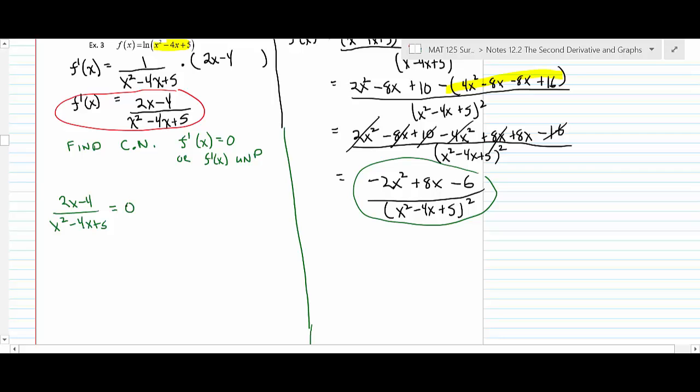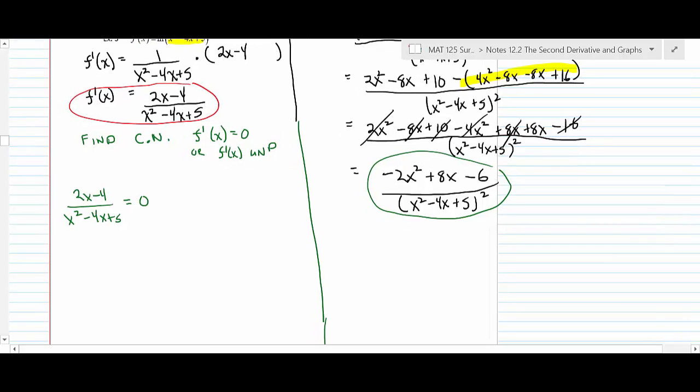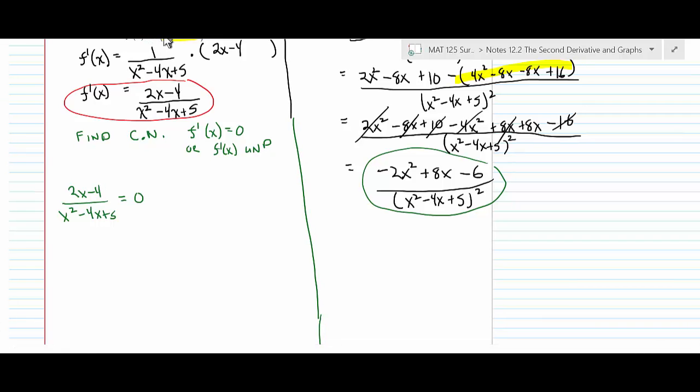You can do that in your head too. I mean, you can learn to do that in your head. Really what you're doing is you have an equation with a fraction. So how do you deal with that? You can multiply by what you're trying to get rid of, right? Okay. All right, so what you would do on this, I guess, is just multiply by x squared minus 4x plus 5, both sides, like that.